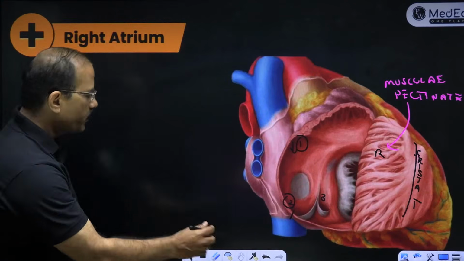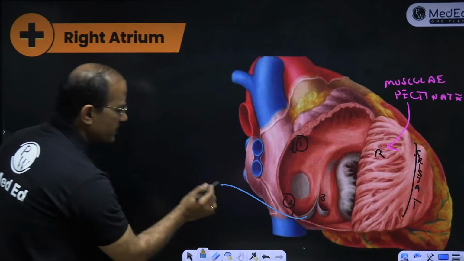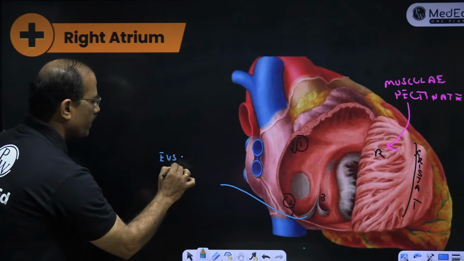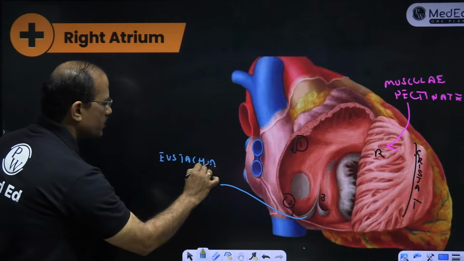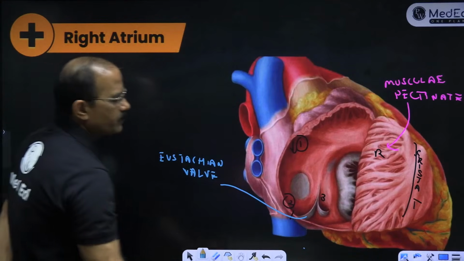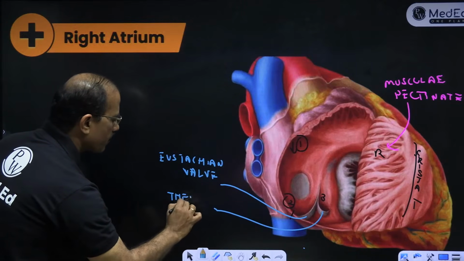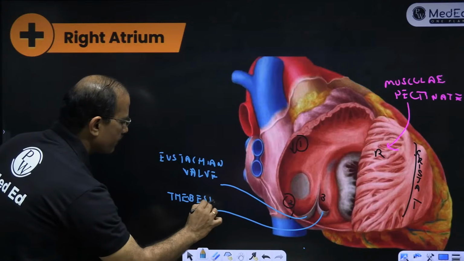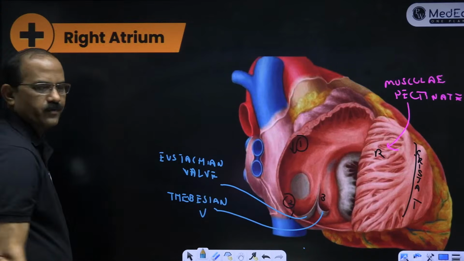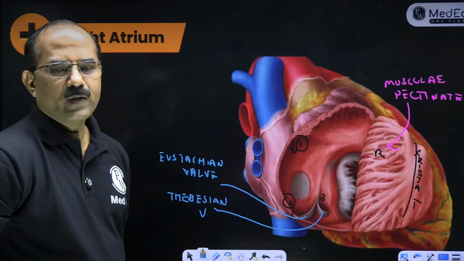Now this opening of IVC has a valve here. What is this valve known as? This is the Eustachian valve. And the opening of the coronary sinus, what is this? Thebesian valve. Okay, this is very important.